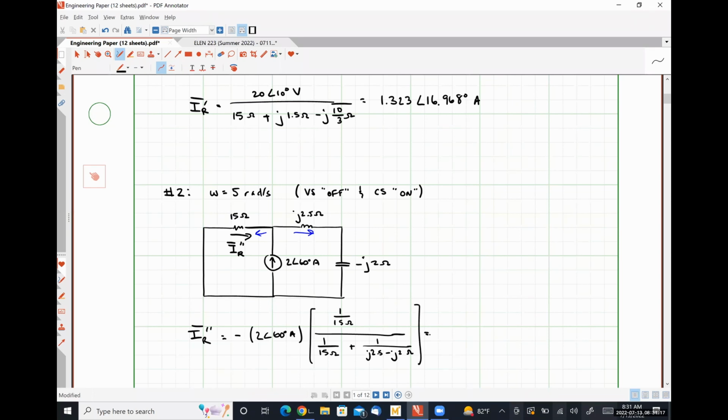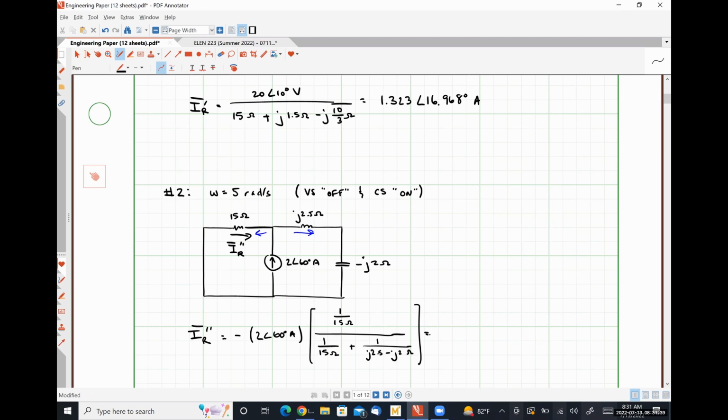So throwing that into my calculator, 1 over 15 plus 1 over 0.5 j, since 2.5 minus 2 is 0.5.